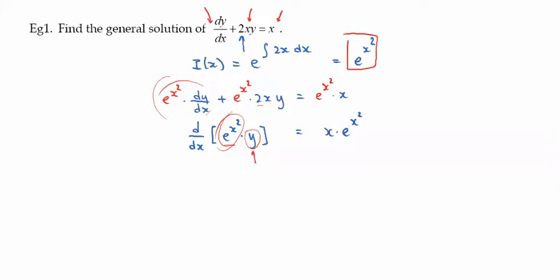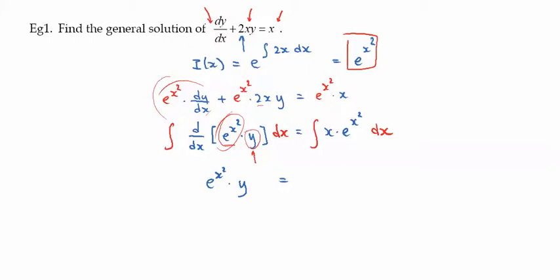And now as I integrate both sides with respect to x, the integration and the differentiation on the left hand side will simply turn everything into e to the x squared times y.